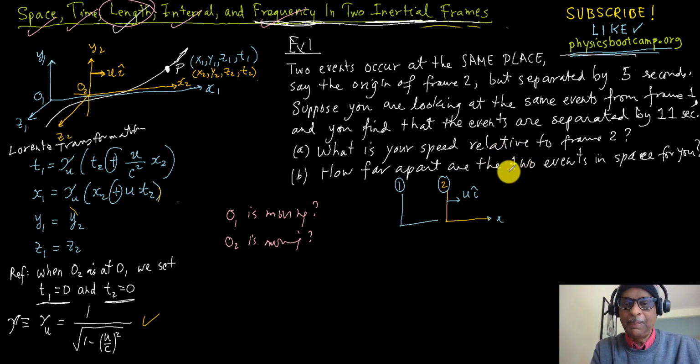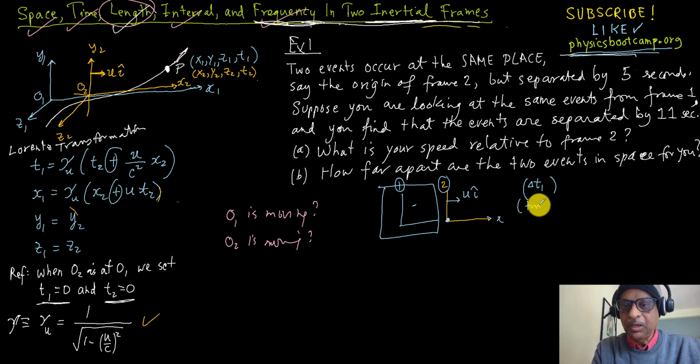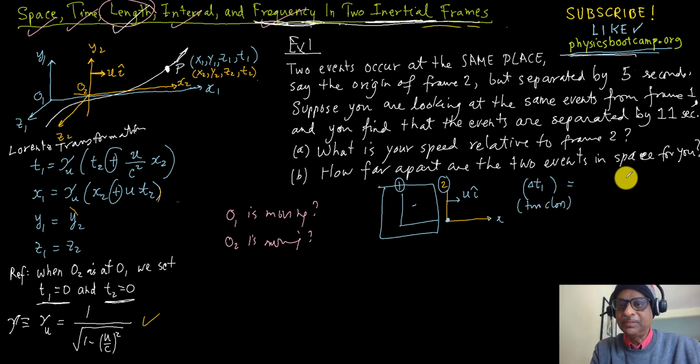So if this thing saw 2 events at the origin, the time difference in this frame is the time difference from this frame to that, like 2 clocks versus 1 clock. So delta t1 is measured with 2 clocks, and delta t2 with 1 clock.